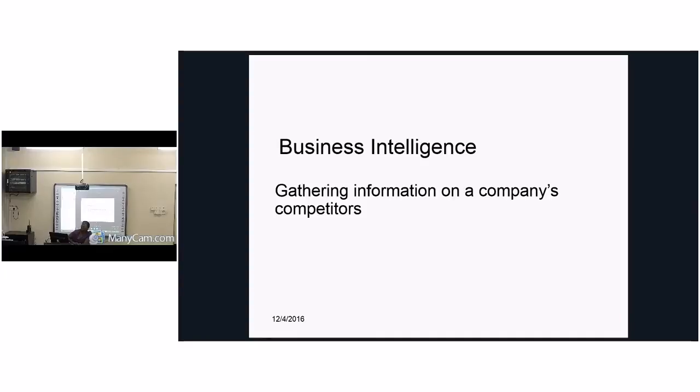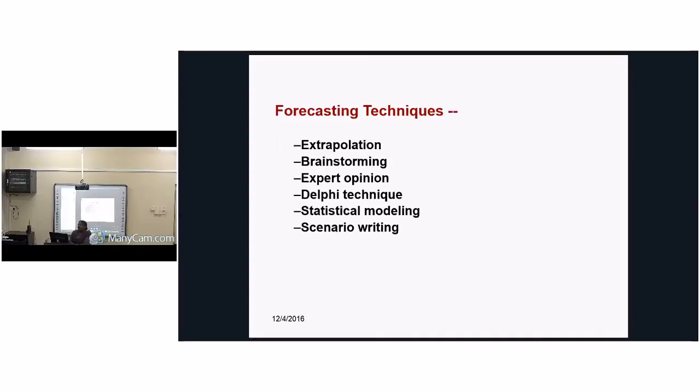This is the tool you use, business intelligence. Then you collect information about your task environment for environmental scanning.